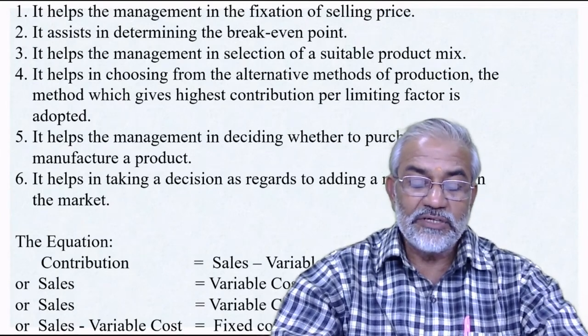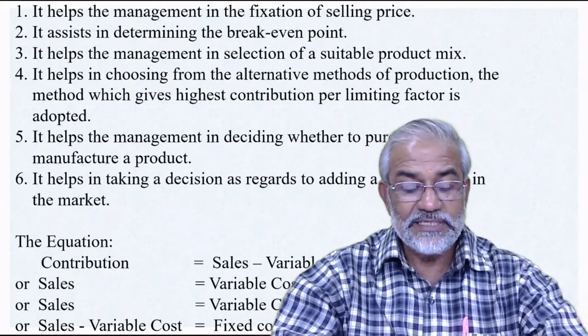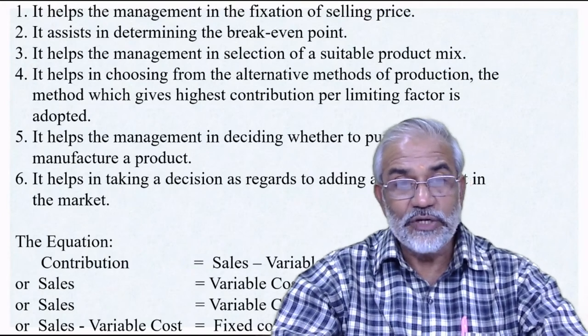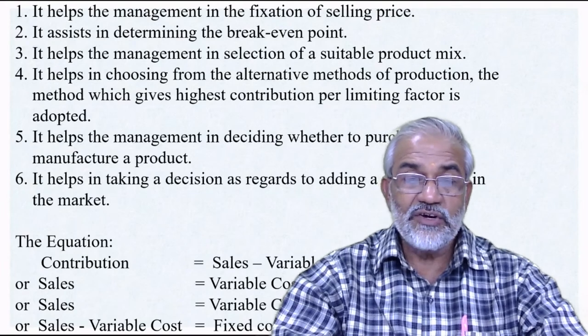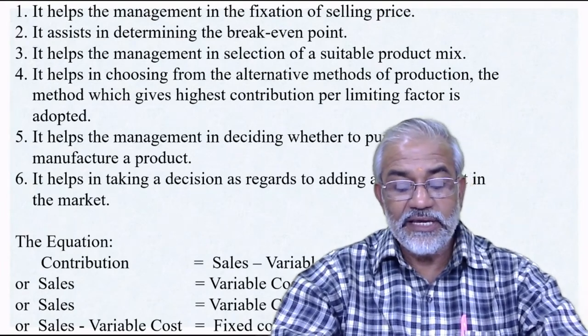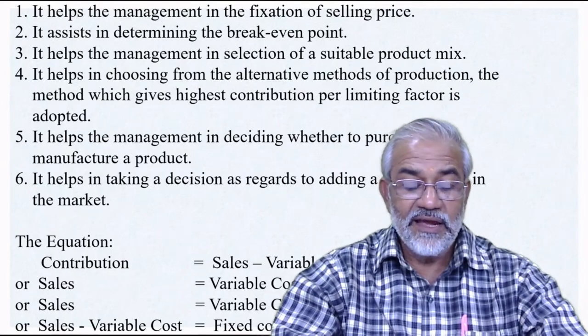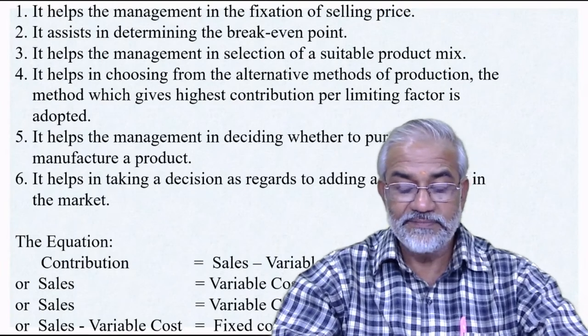The total variable cost: milk is 3, sugar is 2, coffee is 2 rupees 50 paise, and other items come to 50 paise. So the total is 8 rupees. Total variable cost is 8 rupees, and the fixed cost per day is 100 rupees, presuming that there are 30 days in a month and the total fixed cost as given is 3,000 rupees.